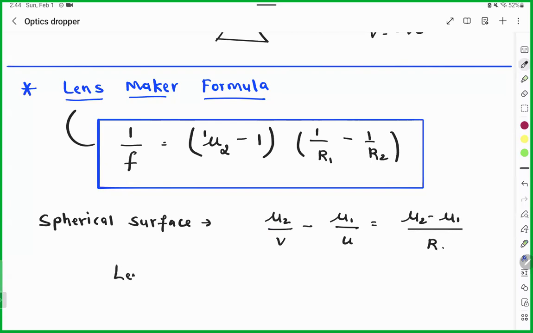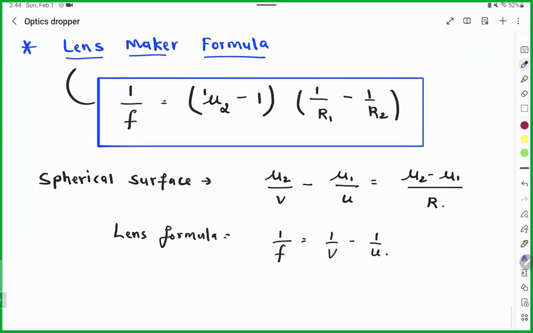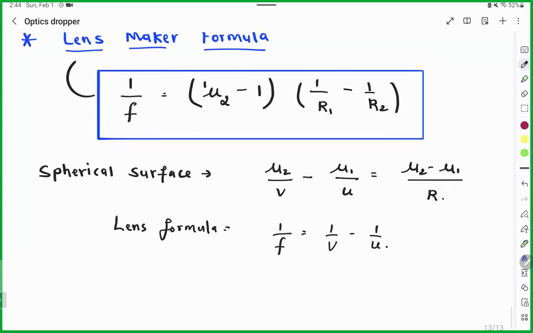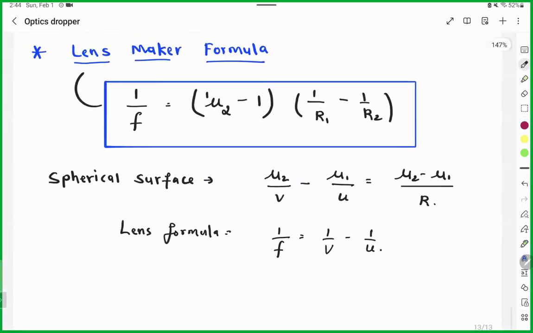Lens formula is important: 1 by F is equal to 1 by V minus 1 by U. Correct? So these formulae related to the lens are extremely important. In board, you need detailed explanation with the diagram. Here, it is not required. We can directly solve the question.